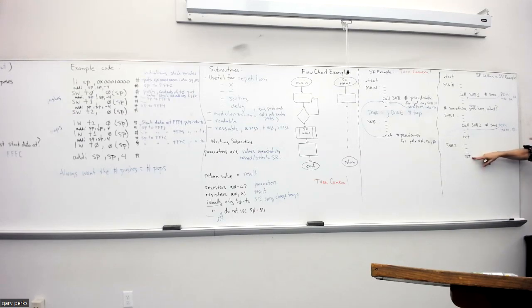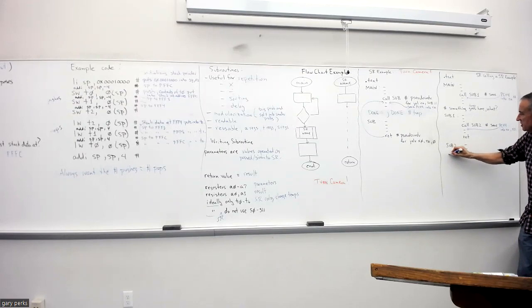The address of this instruction right after the call to sub 2, that's what's in our RA. So when we hit the return, it's going to go to whatever address is in this return address register, right here to this instruction.